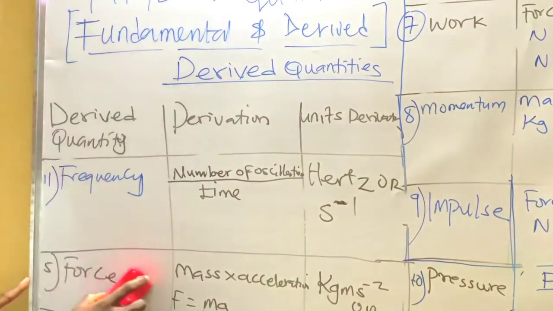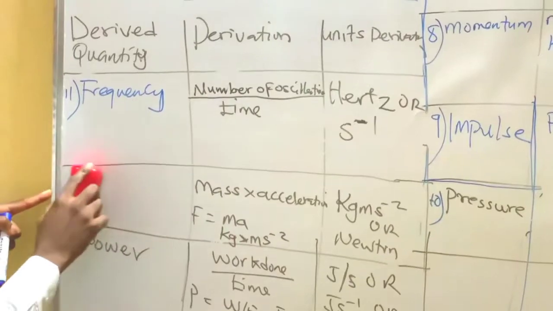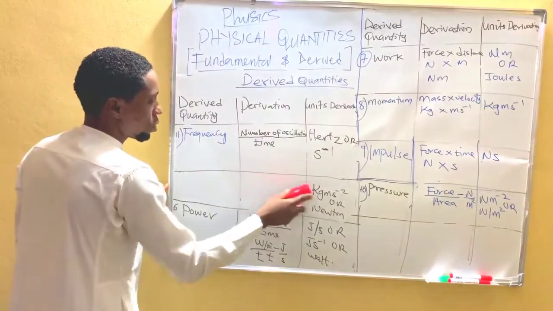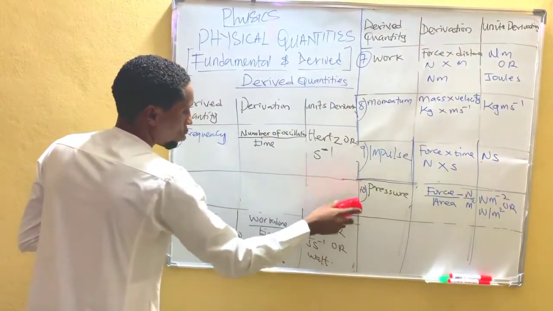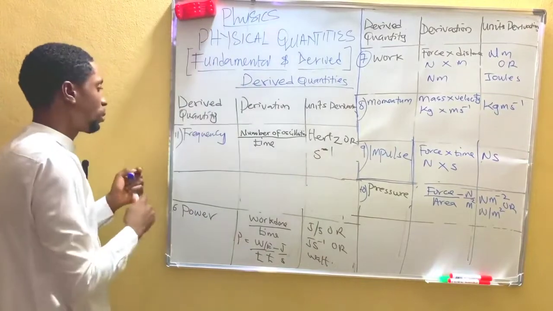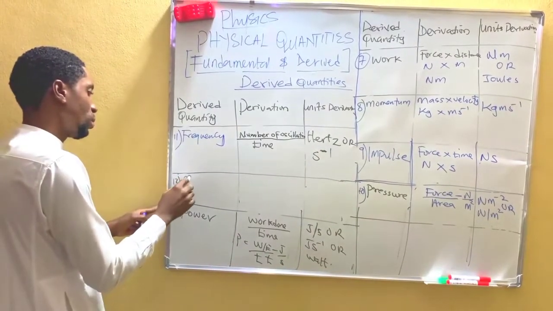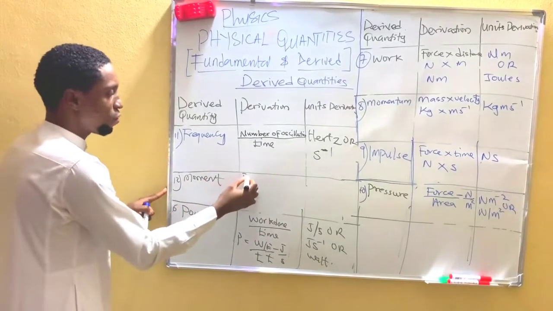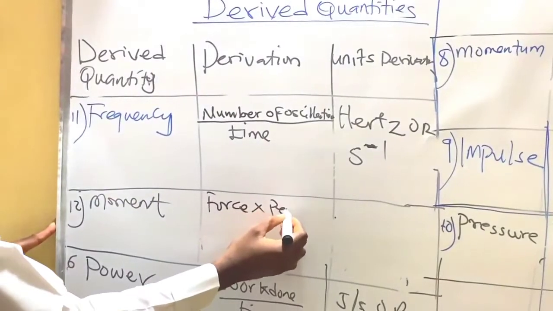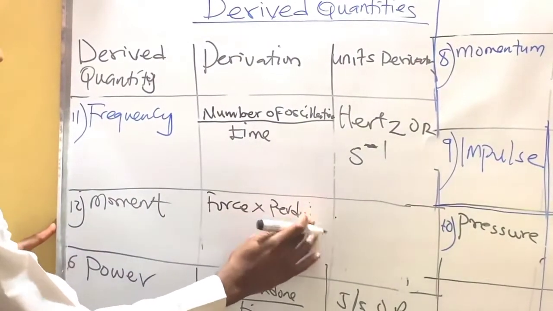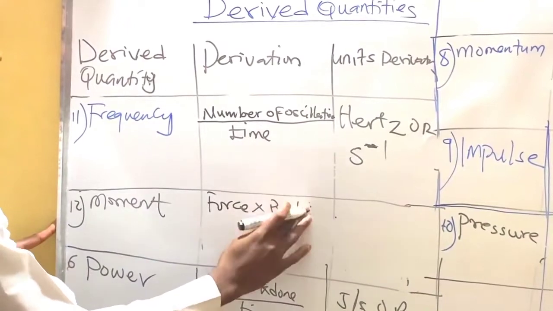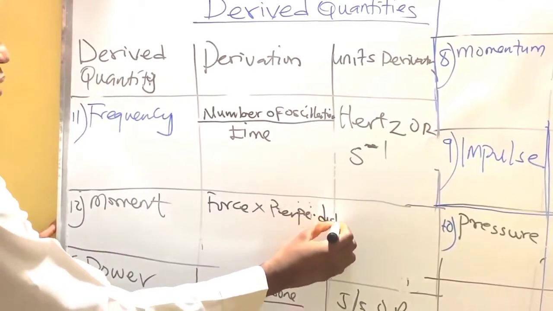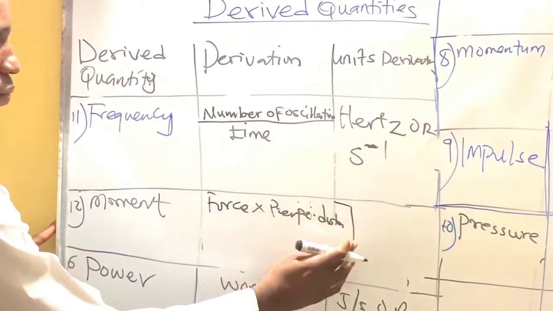Then the final one on our list is moment. Moment is force times perpendicular distance, because of space here.